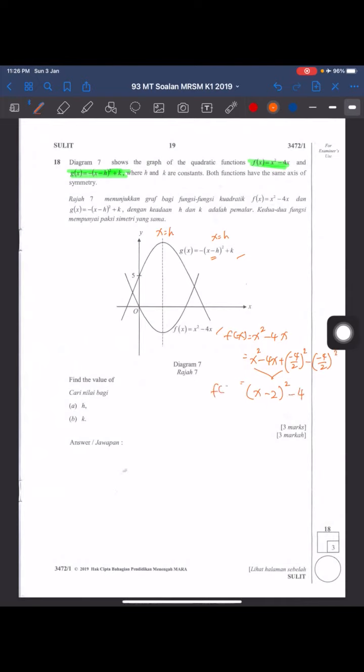So ni adalah equation kita yang baru dalam bentuk completing the square. So kita boleh compare nanti. Axis of symmetry sama kan. So we have x minus 2 equals to 0, so x is equals to 2. So kita tahu h is equals to 2. Next K. How can we find K?